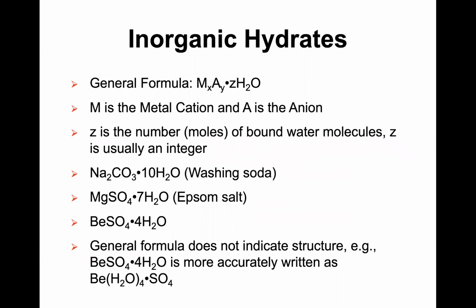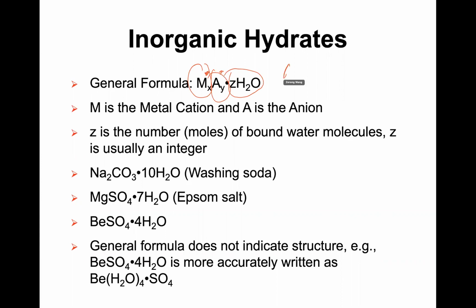So for the inorganic hydrate, we will give a general formula like this one. This stands for the metal, and this stands for the anion component. And here will be a different amount of associated water. In this case, X and Y reflect their ionic state, you can see the charges associated.